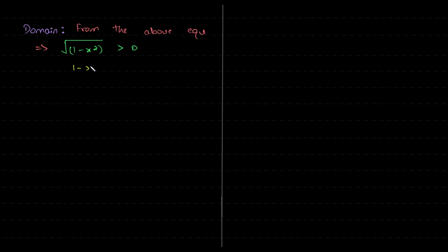Now, squaring both sides and with a bit of rearrangement, we get this expression. So basically, we are saying x square has to be less than 1. When is this possible? Any value between -1 and 1, right?